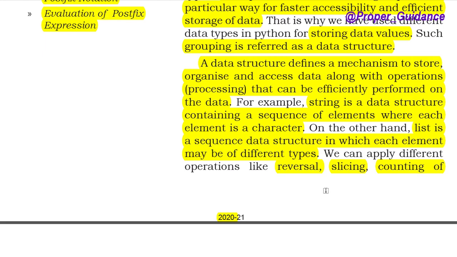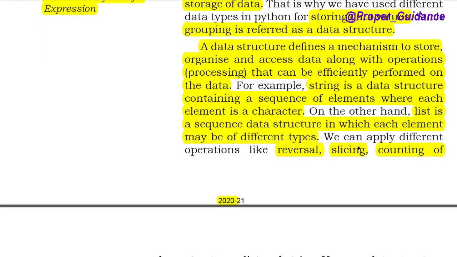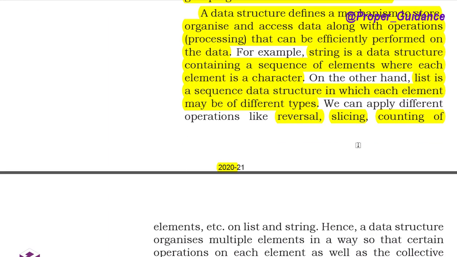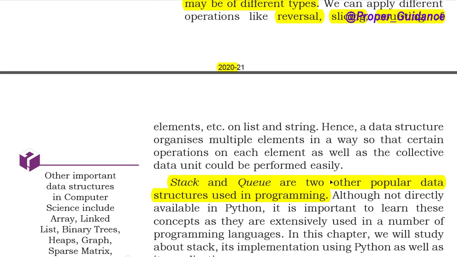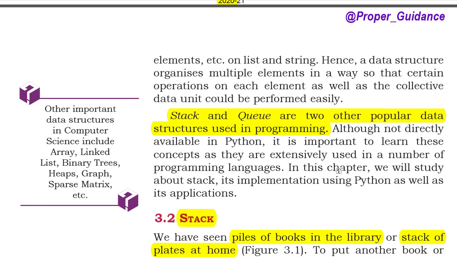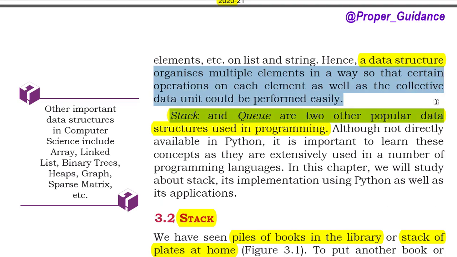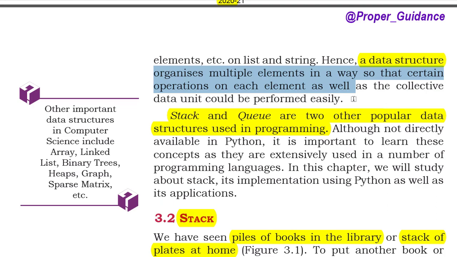On the other hand, list is a sequence data structure in which each element may be of different types. We can apply different operations like reversal, slicing, counting of elements, etc. on list and string. Hence, a data structure organizes multiple elements in a way so that certain operations on each element as well as the collective data unit can be performed easily.